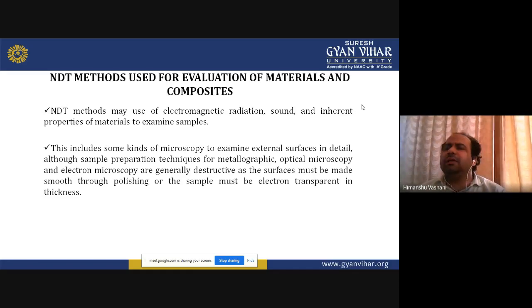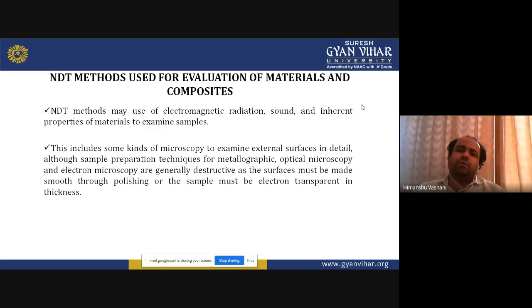In some tests in labs, if a metallic material is available, we normally try to remove the unevenness on the surface in order to get a better examination of the sample.